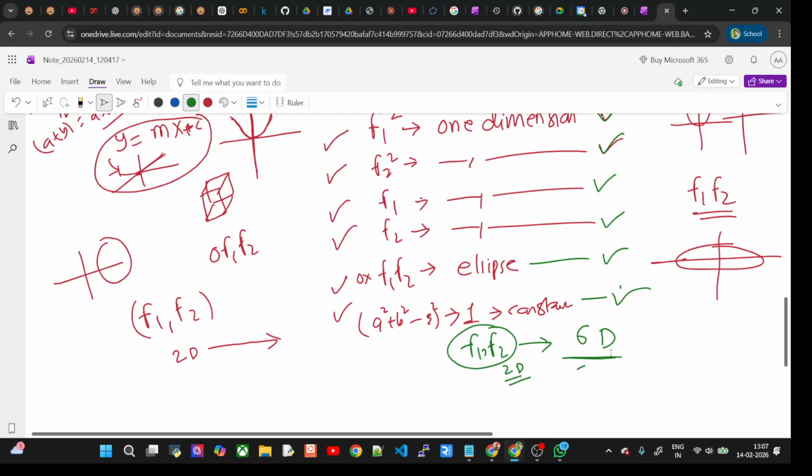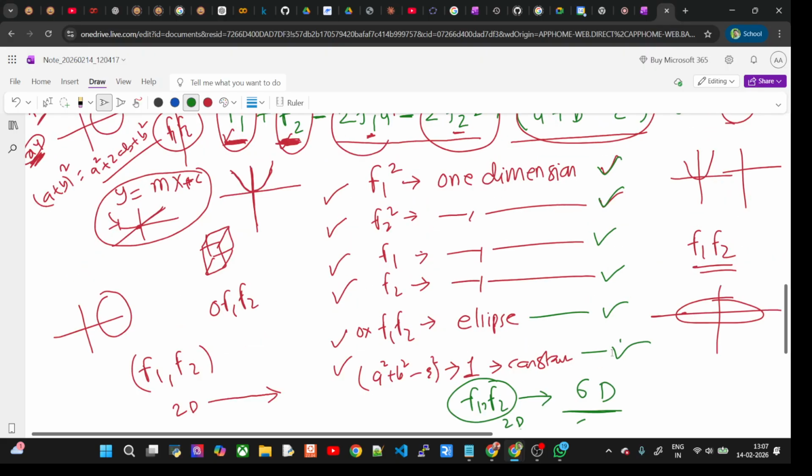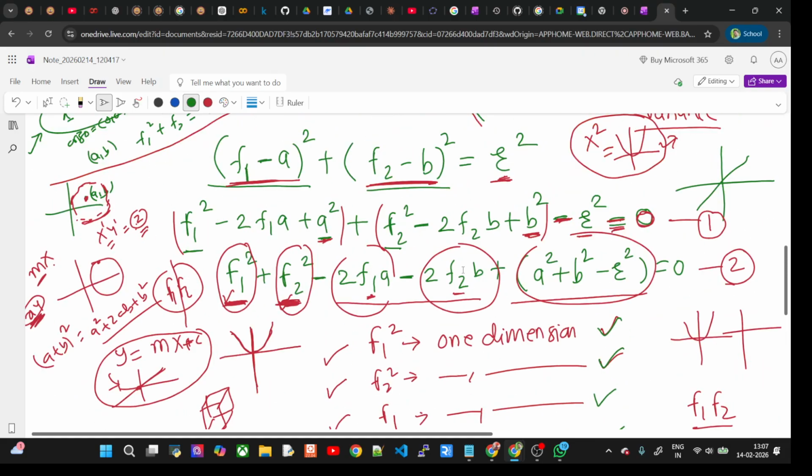Don't stress your mind, you are not at PCA yet. f1 f2 are only two dimensions, but as they show a non-linear circular relationship, we calculated the formula f1 minus a whole square plus f2 minus b whole square, the circular relationship formula.